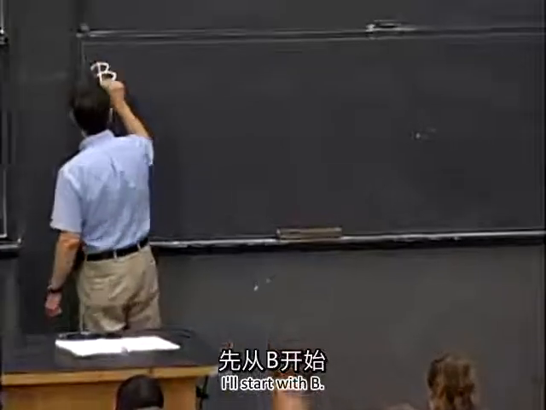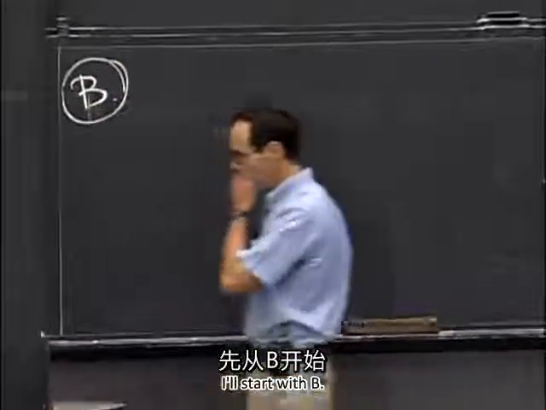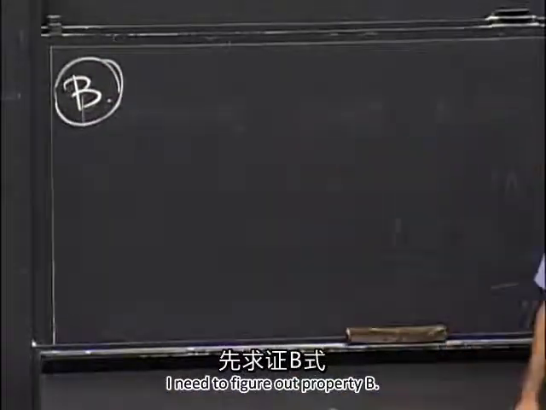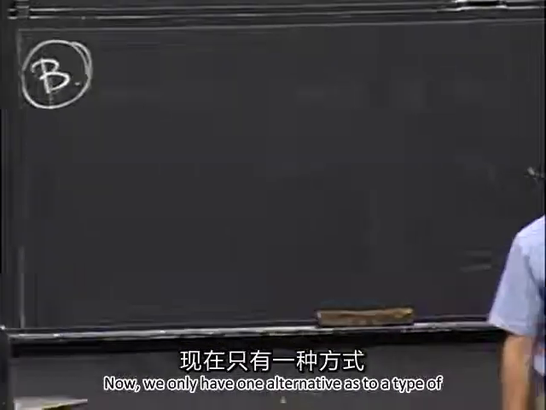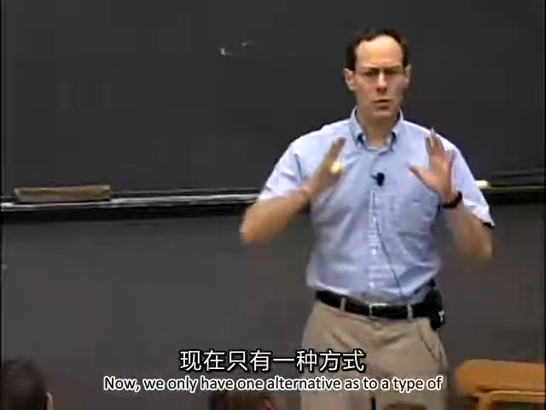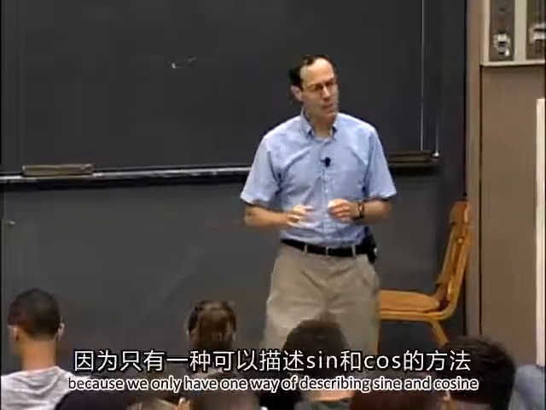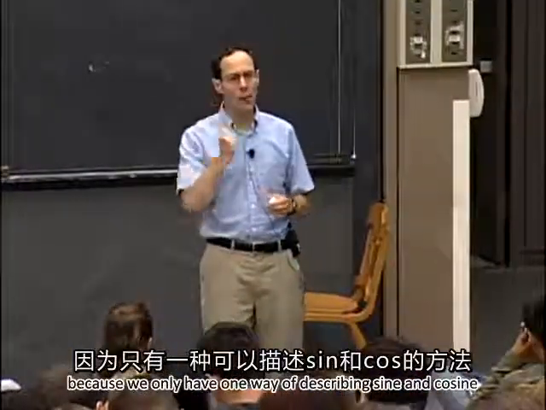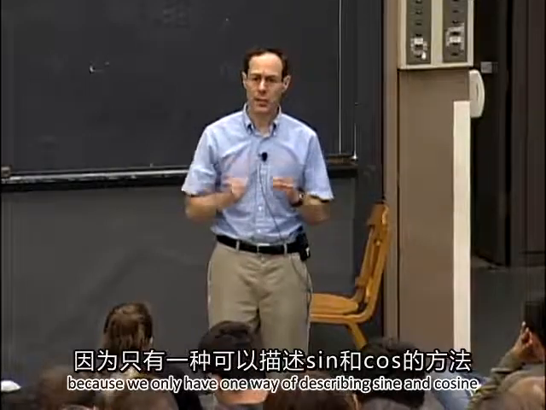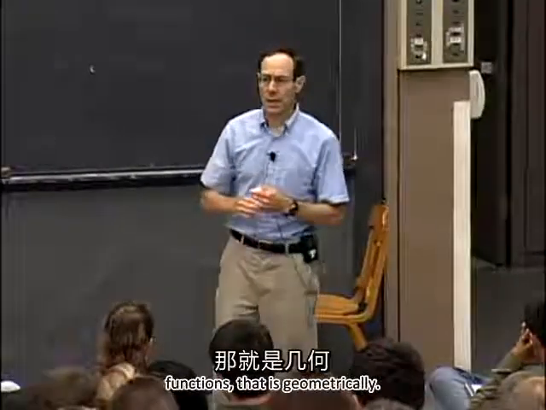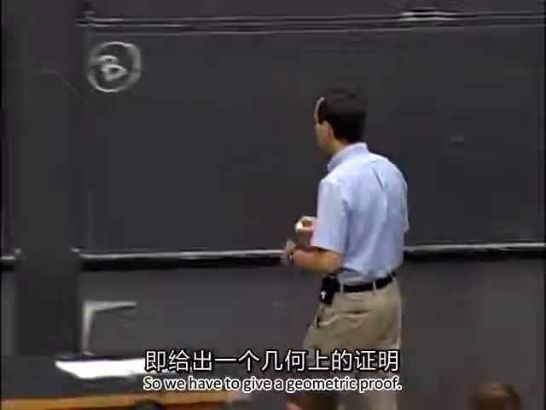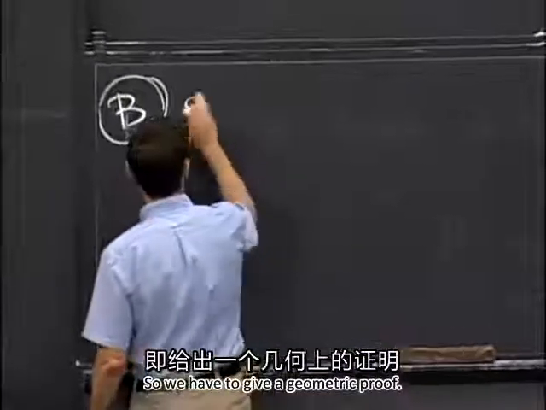I'll start with B. So I need to figure out property B. Now, we only have one alternative as to a type of proof that we can give of this kind of result. And that's because we only have one way of describing sine and cosine functions. That is geometrically. So we have to give a geometric proof.